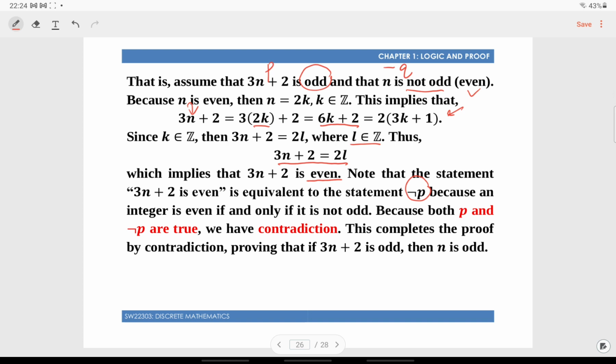Because both p and not p are true, we have a contradiction, because p and not p cannot be true at the same time. So this completes the proof by contradiction, proving that if 3n plus 2 is odd, then n is odd.